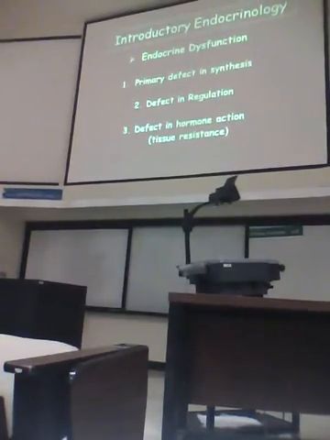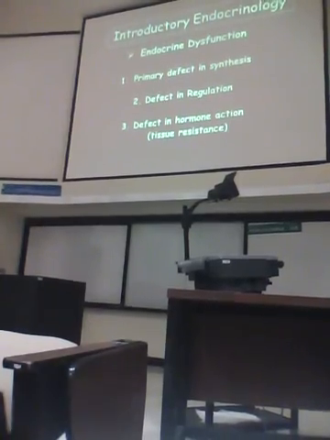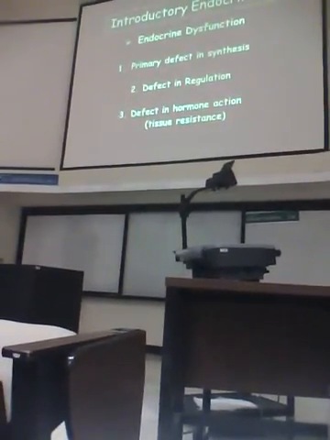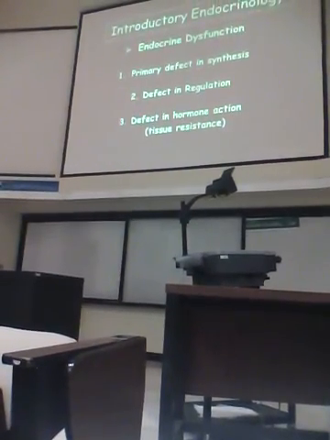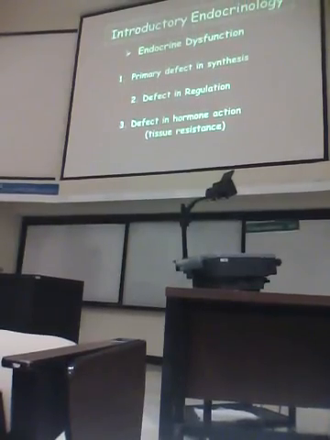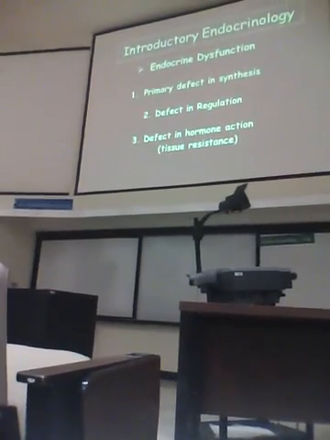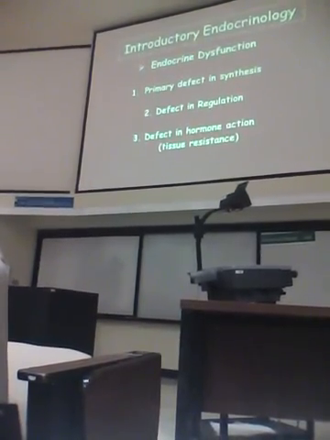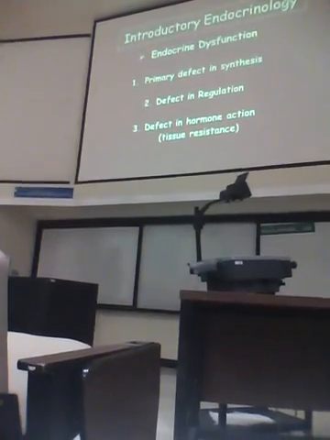So these are the three usual problems that cause endocrine dysfunction, and of these three, the second one is the most common, that you have defects in hormonal regulation. There are usually problems with feedback, which results in too little or too much hormone secretion. But I will be giving you examples of all of these types of endocrine dysfunction problems in the following lectures.